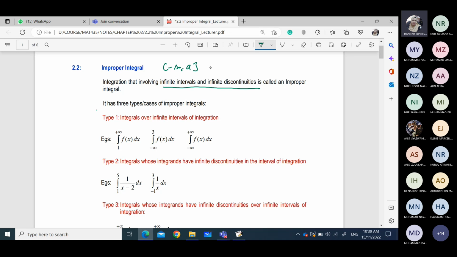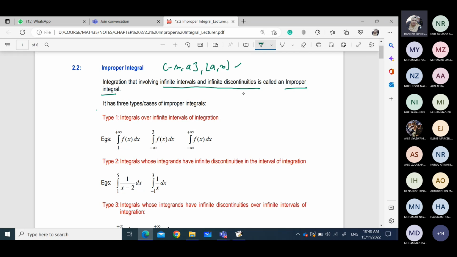Or we have from A to positive infinity. So ini kita panggil sebagai infinite interval. Kalau kita ada integration yang melibatkan infinite interval, kita panggil dia sebagai improper integral.